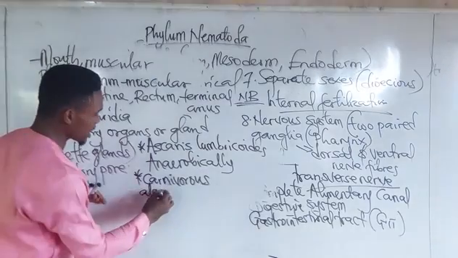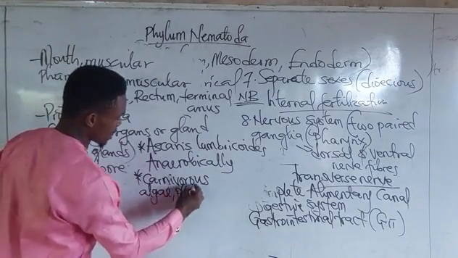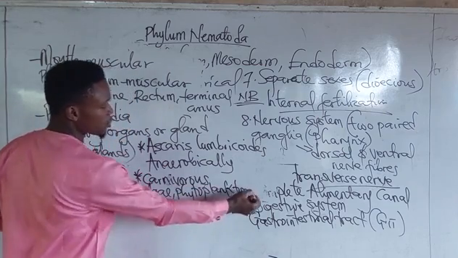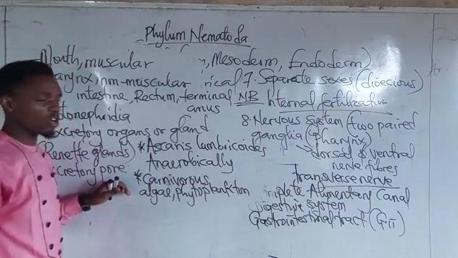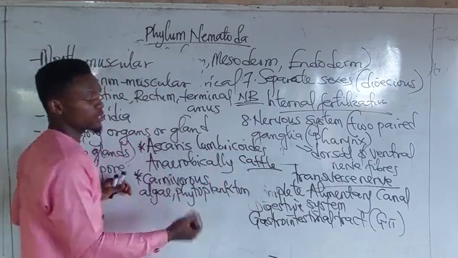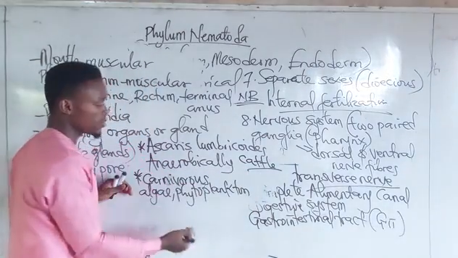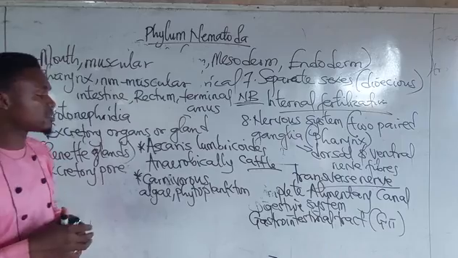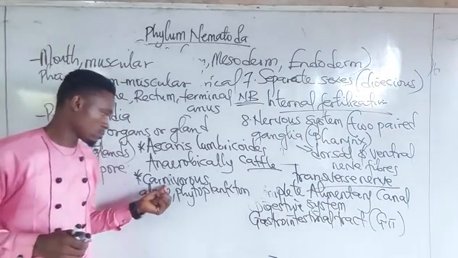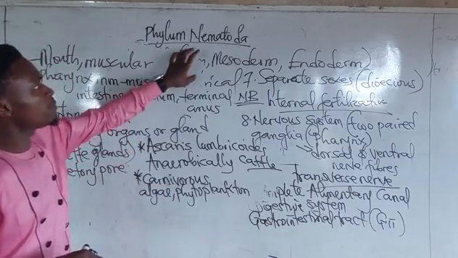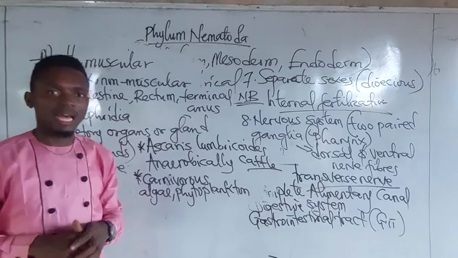They feed on algae, phytoplankton. All right. You don't say phytoplanktons. It is an error. Just like you don't say cattles. So cattle, plural, singular, it is spelled as what? Cattle. So they feed on what? Algae, phytoplankton. Free living ones are what? Carnivorous. Free living members of phylum Nematoda are what?